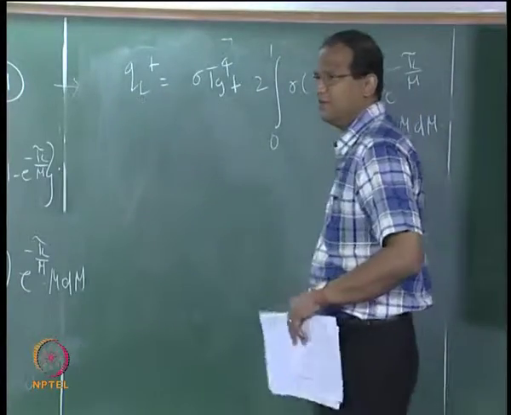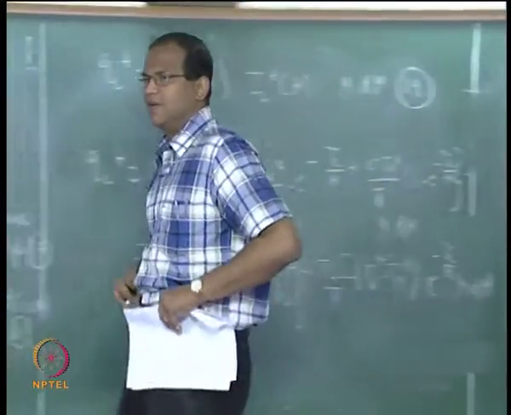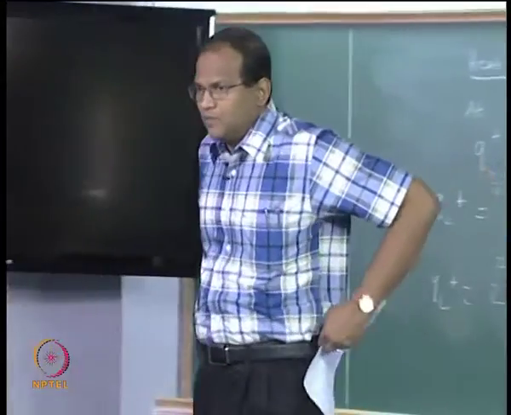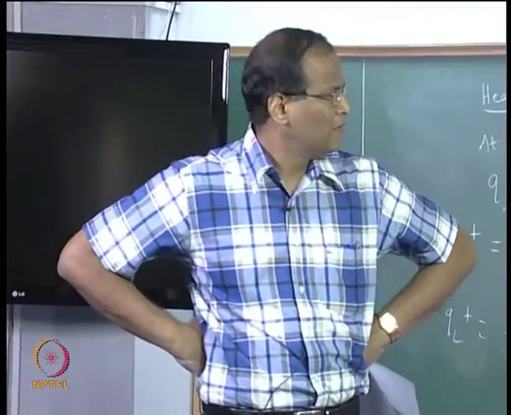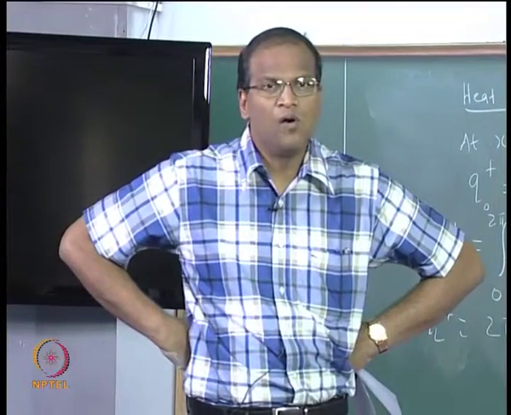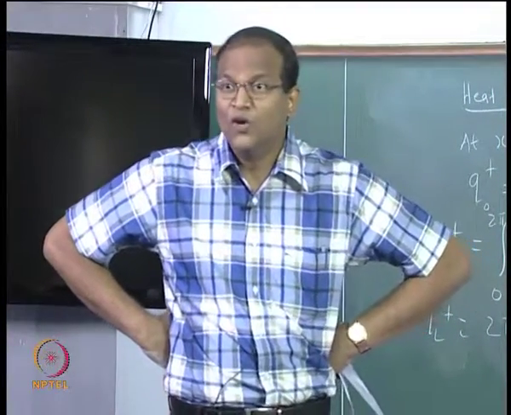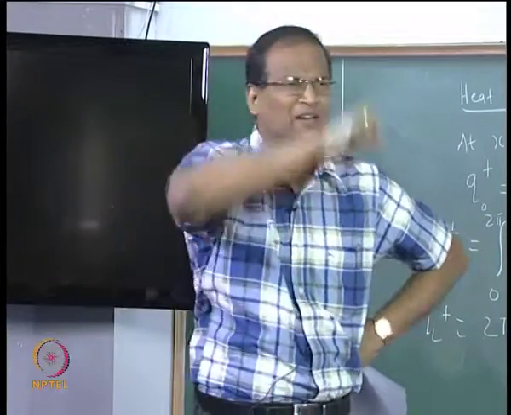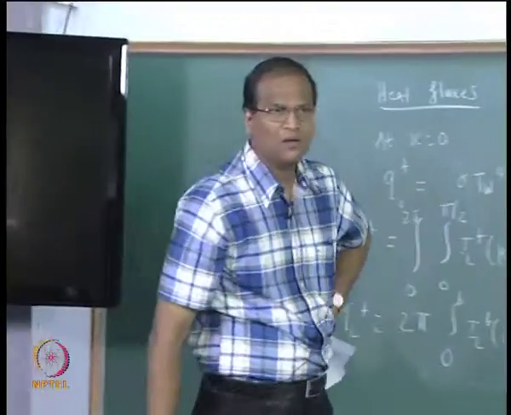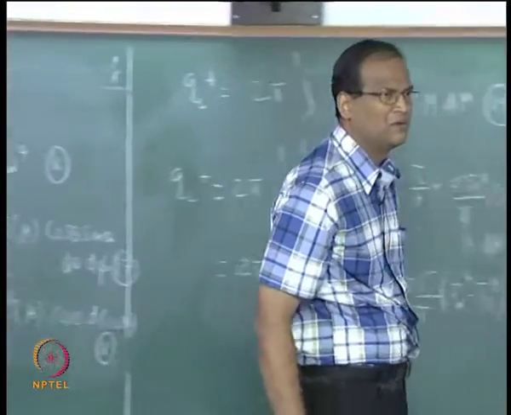I can take the TL to the power of 4 Tg, it can be taken out. So, you get mu e to the power of minus tau L by mu d mu, it cannot be integrated, do whatever you want.